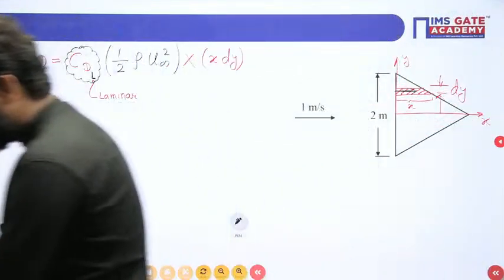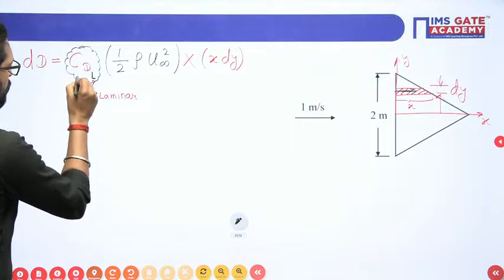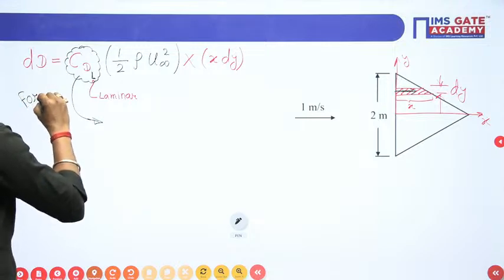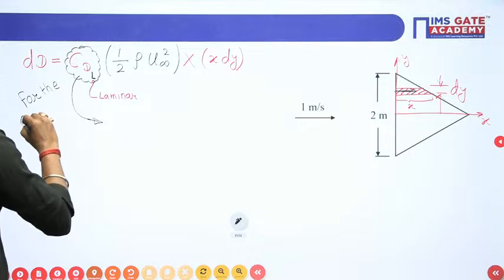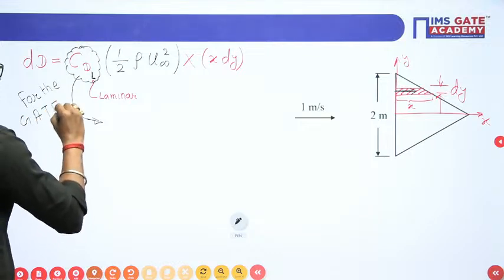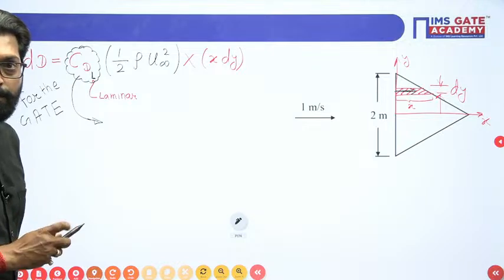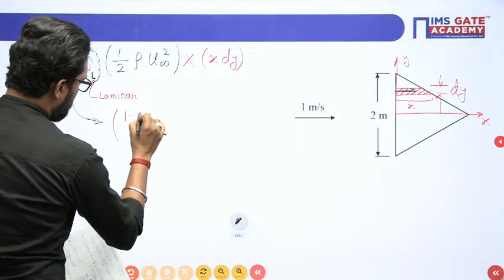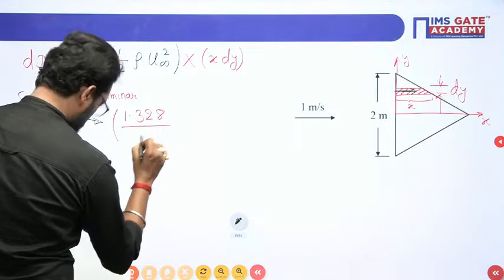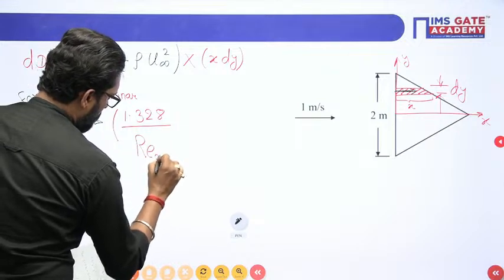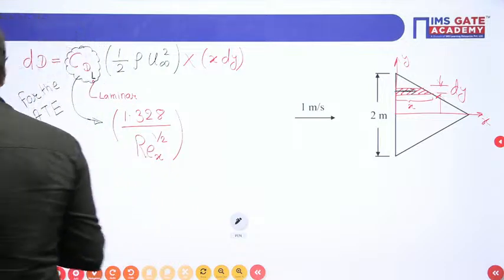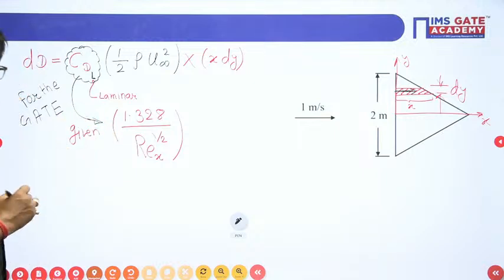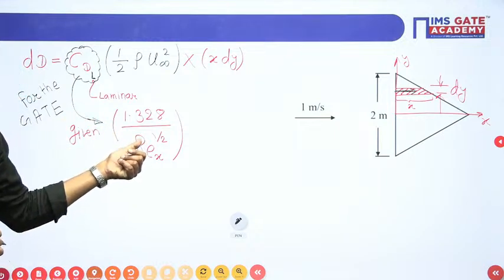In the GATE exam, it must be given for laminar according to the Blasius equation: 1.328 divided by the square root of the local Reynolds number Rex. This is given in GATE, no problem.